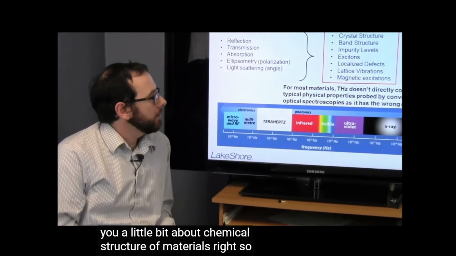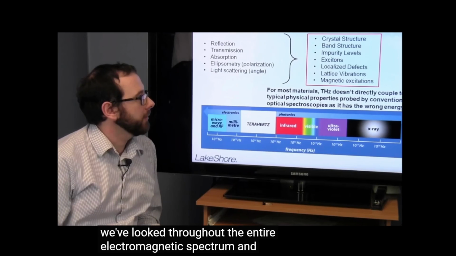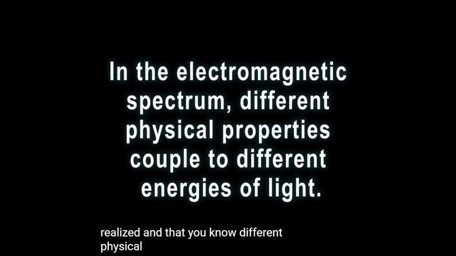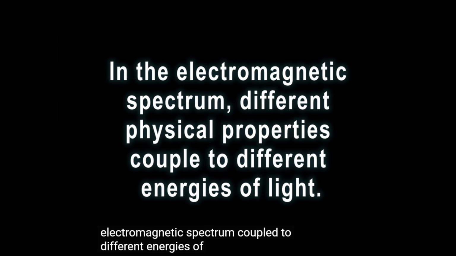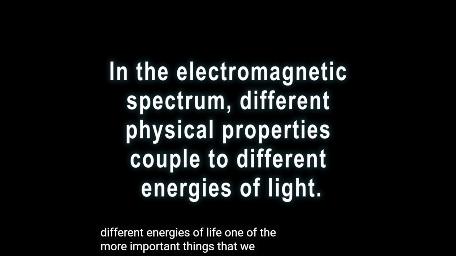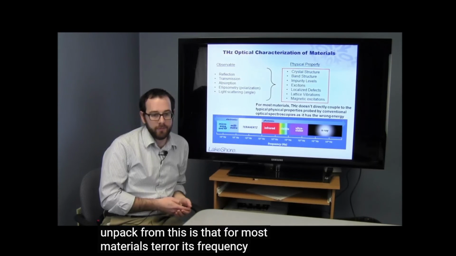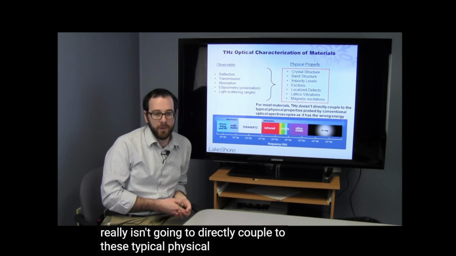All right. So we've looked throughout the entire electromagnetic spectrum, and we've realized that different physical properties couple to different energies of light. One of the more important things that we want to unpack from this is that for most materials, terahertz frequency light really isn't going to directly couple to these typical physical properties.